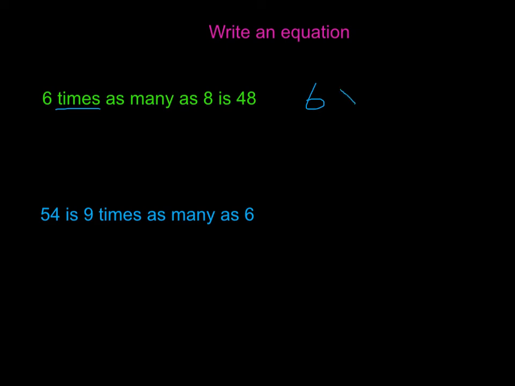So 6 times as many as 8. So our next digit we have there is an 8. Is the same thing as equals, and we have 48. Okay, so all we have to remember is that times is the multiplication sign and is the equal sign.